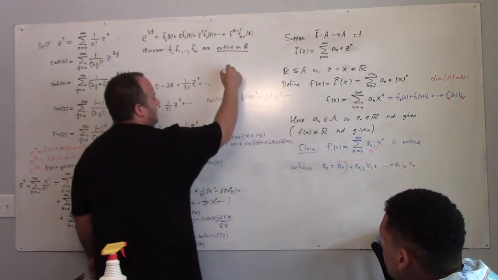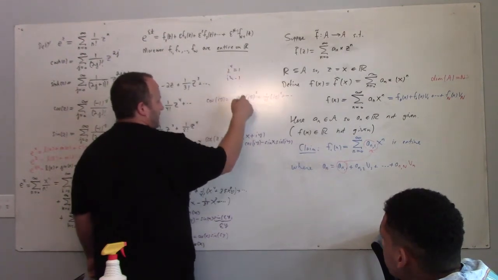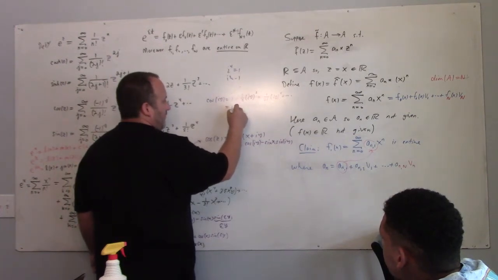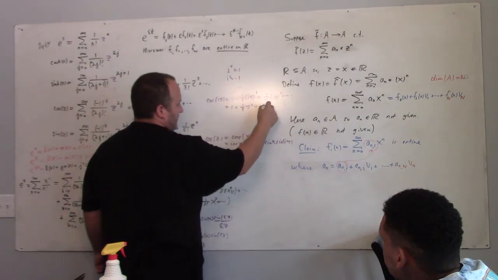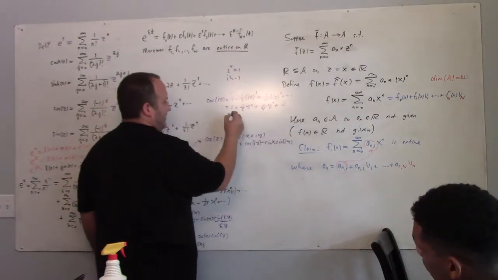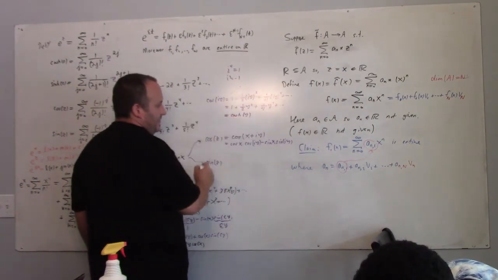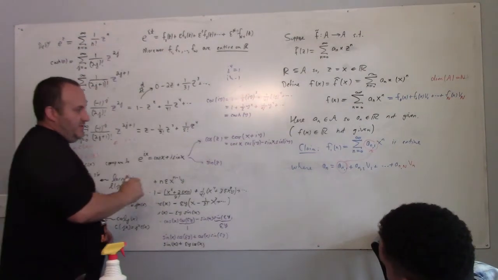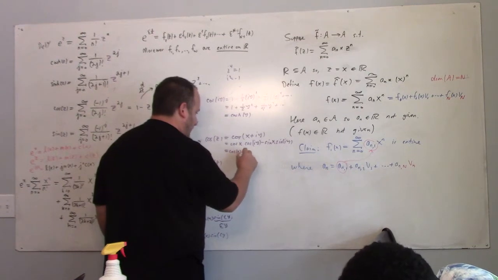Remember i to the 4th is 1, i squared is minus 1. So that's 1 plus 1/2 y squared plus 1/4 factorial. In short, cosine iy is cosh y. So this cosine iy is actually cosh y.